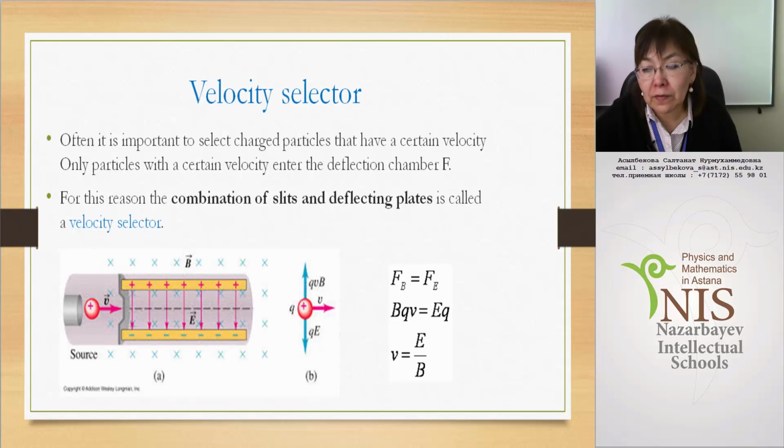So only the charged particles whose velocity corresponds to this value, for a definite magnitude of the electric field and a definite magnitude of the magnetic field, can enter this chamber.